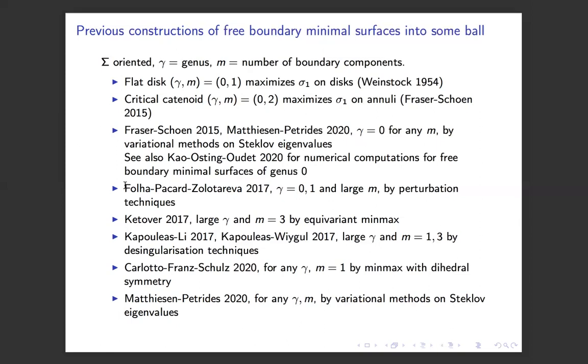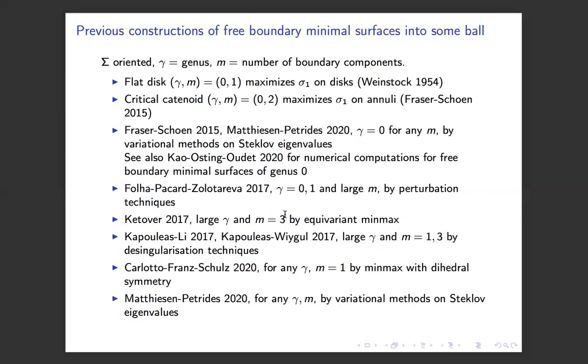Constructions by Folha-Pacard-Zolotareva for low genus and large M, and constructions by Ketover, Kapouleas and Li, Kapouleas-Wiygul, which is essentially desingularization of a union of equatorial disks or a union of catenoids and disks. And you get surfaces with large genus.